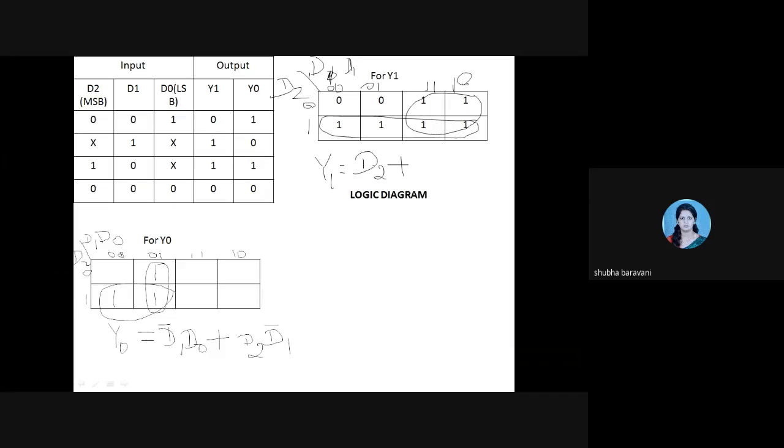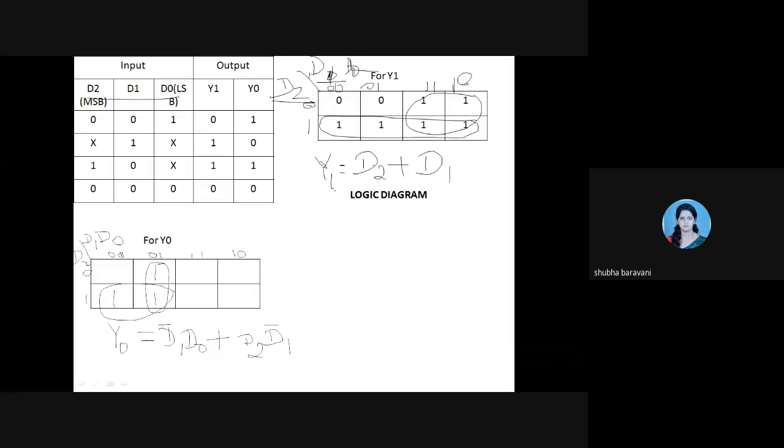Okay, in this order you have to take D2, D1, D0. So I'm left out with D1. ठीक है? So Y1 should be D2 plus D1. Is this okay? Yes, ma'am. Yes. Right? So this is my K-map implementation and the equations for Y1 and Y0.